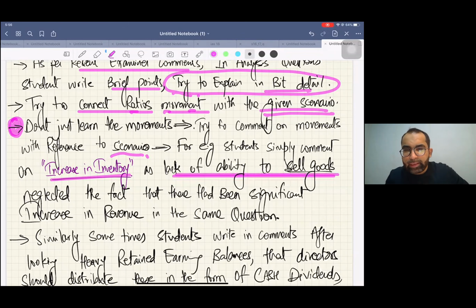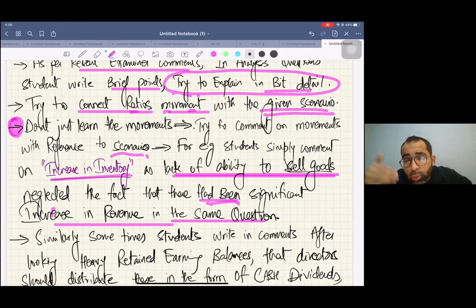Just think, in the question you have seen that inventory is increasing, so you simply wrote one line. You said the company can't sell the goods without looking at the sales revenue movement, that sales revenue has already increased a lot. You neglected the fact that there had been a significant increase in revenue in the same question.